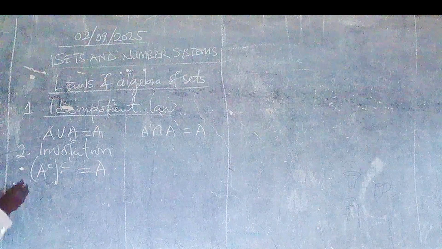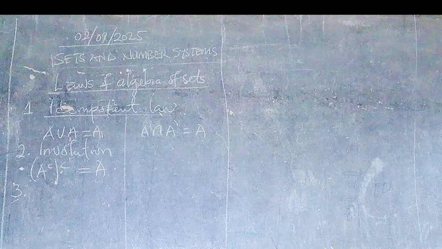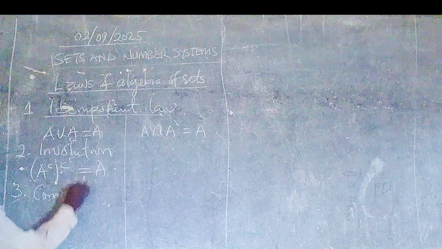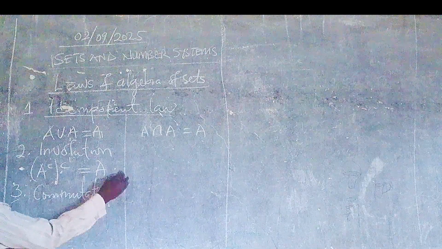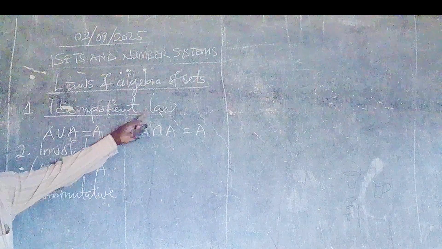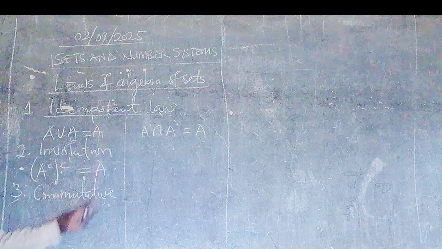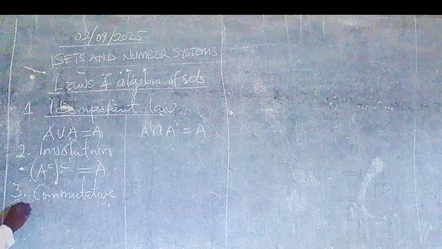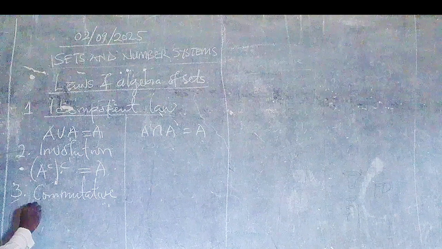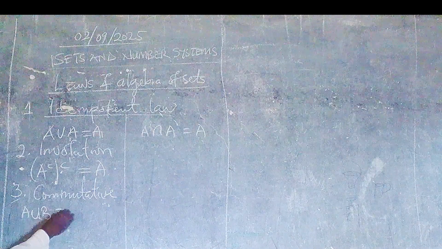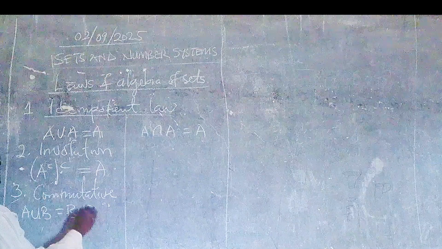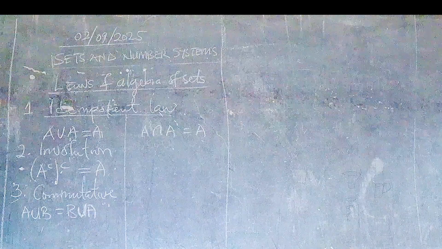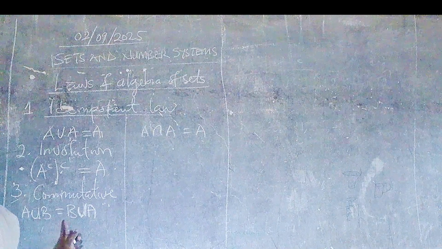And then third, let's take the commutative law. I don't have to write the law because the law is already here, so we know we are talking about laws. So I have A union B equals B union A for all sets. If you have the union of two sets, it doesn't matter which set comes first.